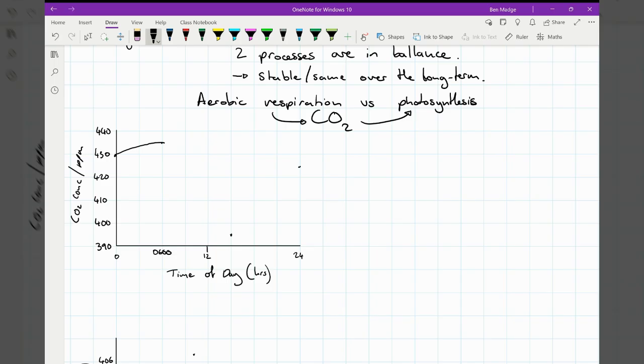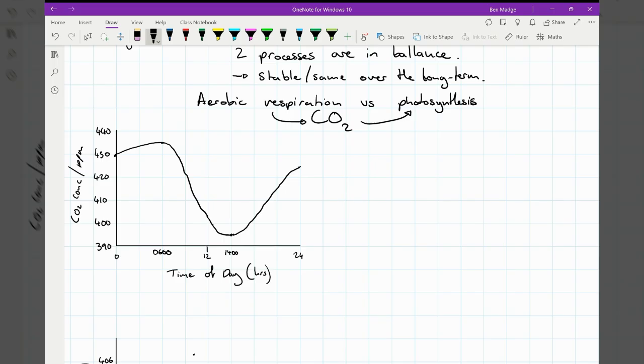Then it will decrease as sunlight strikes the majority of the northern hemisphere, because it's got lots of plants on it. And then we see the amount of CO2 decreases until it reaches a low point at about 2 o'clock in the afternoon. Then CO2 concentrations will increase again as the day continues and the amount of light decreases.